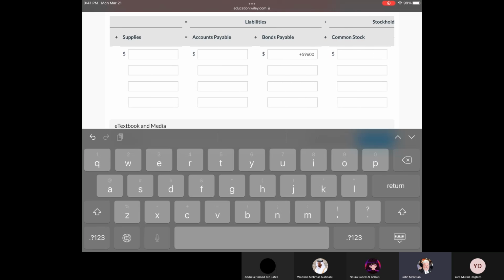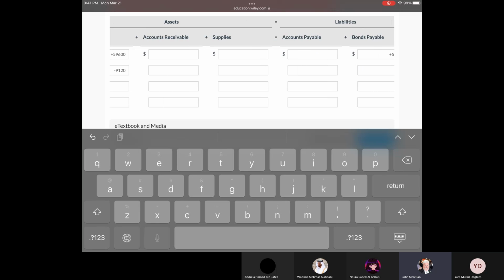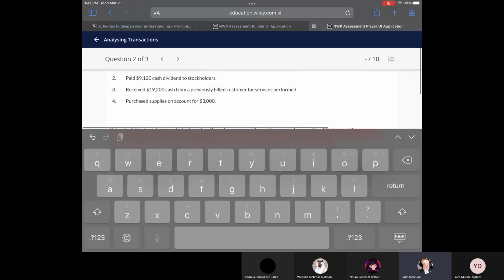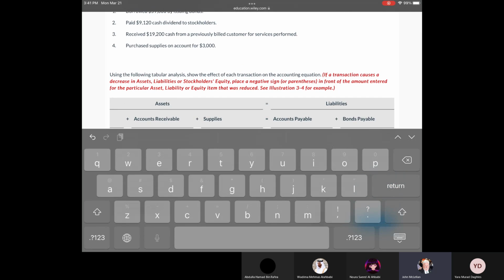Right, and dividends negative. Because that means when it goes down, retained earnings goes down, you put negative.